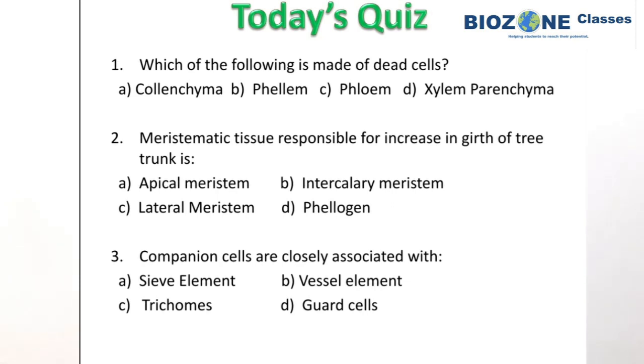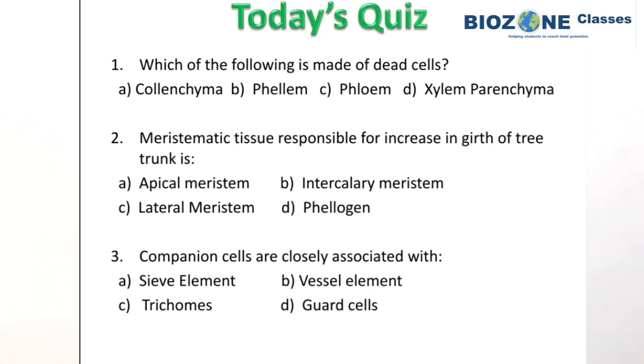So the questions for today's quiz are: Question 1, which of the following is made up of dead cells? A. Collenchyma, B. Phloem, C. Phloem, and D. Xylem parenchyma. Second question: the meristematic tissue responsible for increase in girth of a tree trunk is. Options are A. Apical meristem, B. Intercalary meristem, C. Lateral meristem, and D. Phellogen.